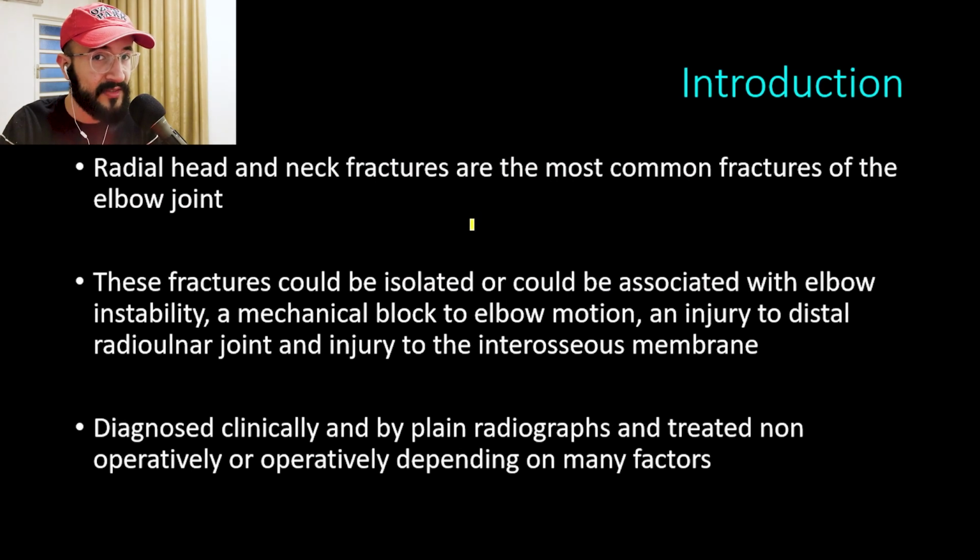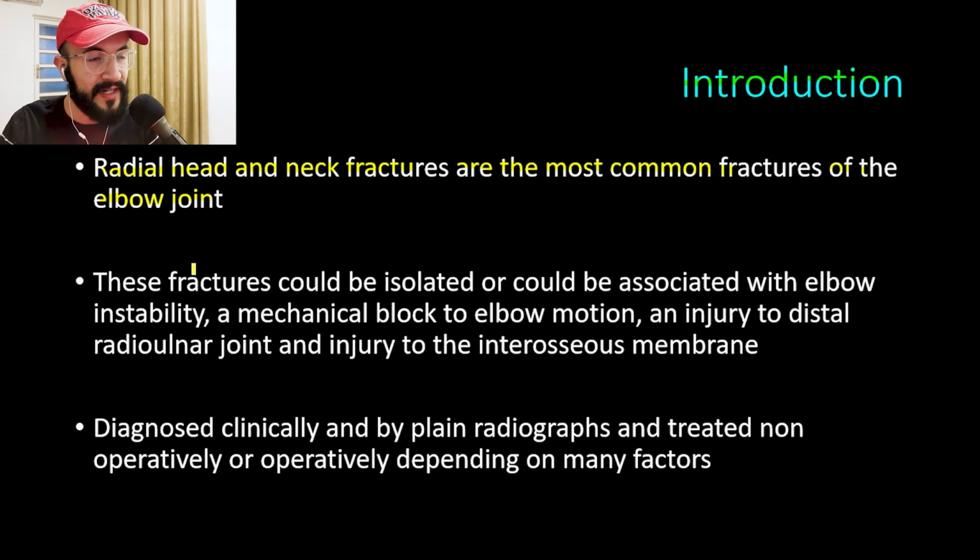So, in our talk about the radial head and neck fractures, we will start with an introduction. The radial head and neck fractures are the most common fractures of the elbow joint.